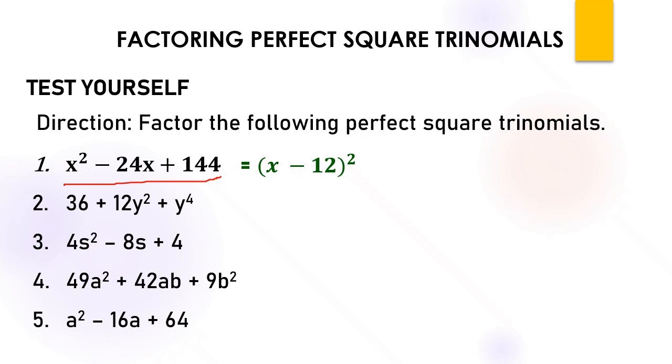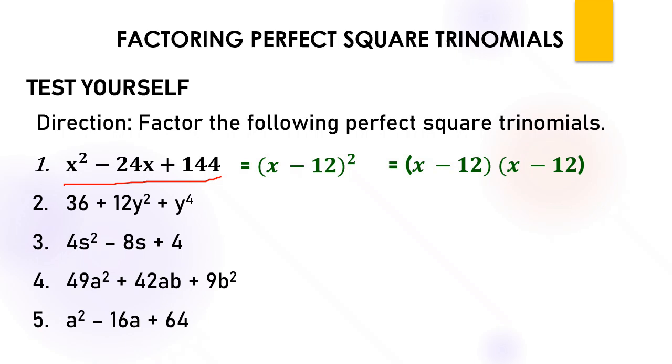Now, to check if this is the true factor of x squared minus 24x plus 144, let us get the product. To get the product, we expand this factor, the square of x minus 12. So multiply it by itself 2 times.